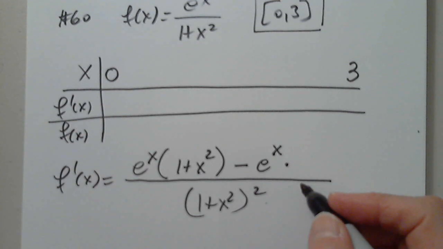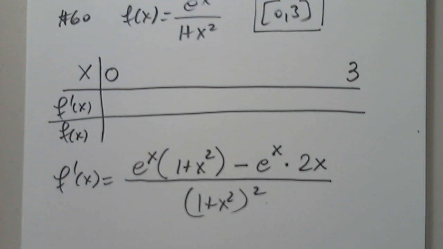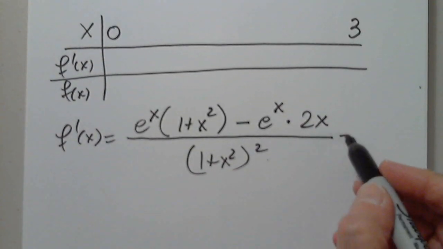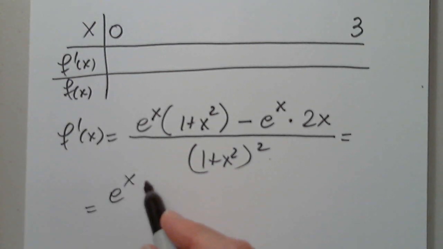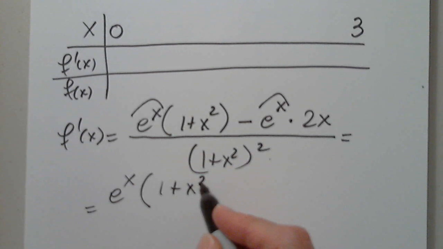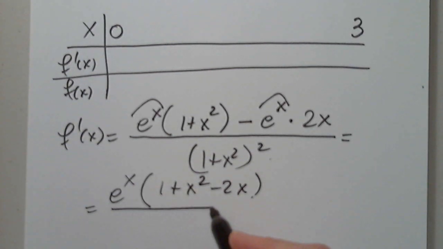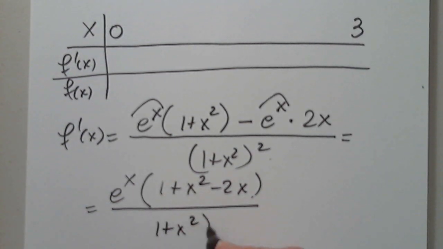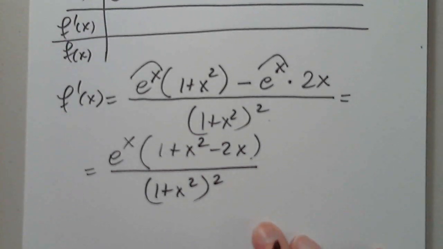Please do not distribute. Factor out e to the x. 1 plus x squared minus 2x over 1 plus x squared squared.